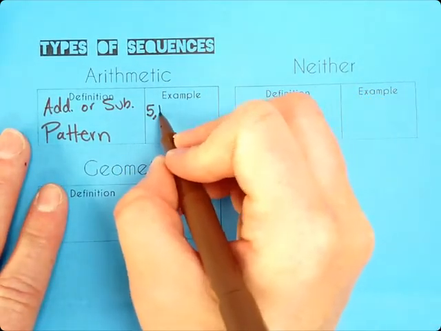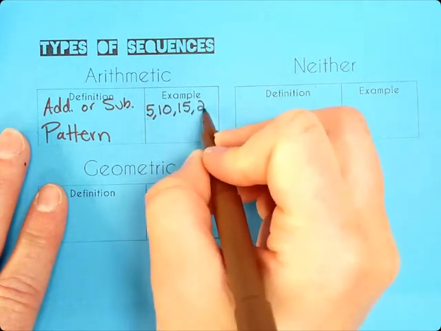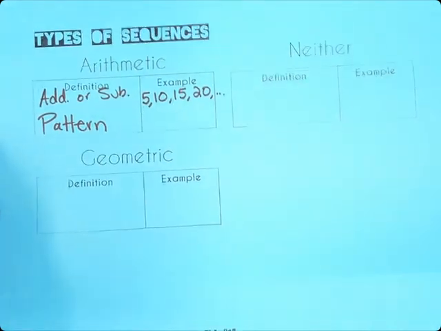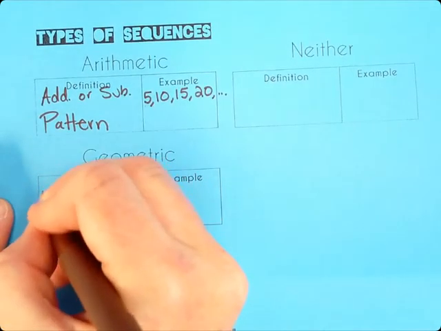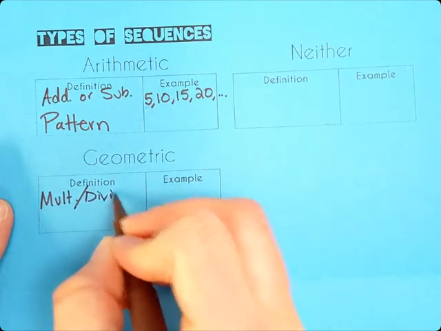So 5, 10, 15, 20, and so on. Geometric is a multiply or divide pattern.